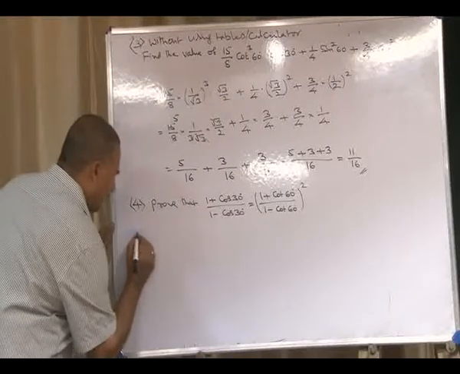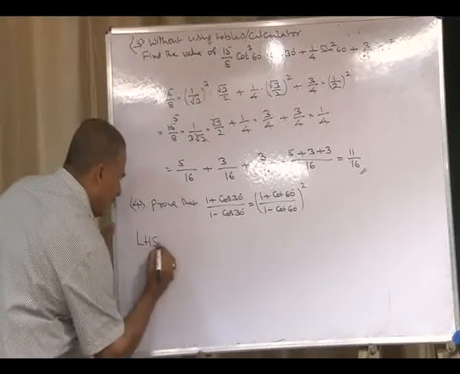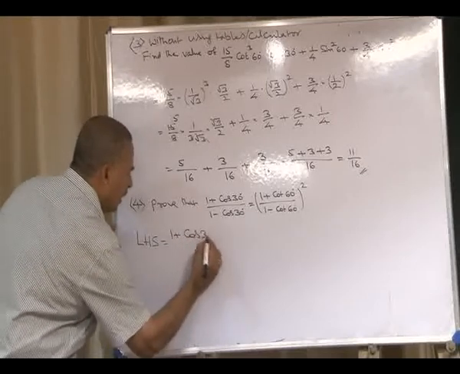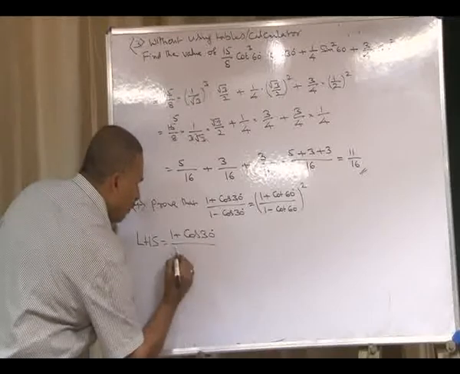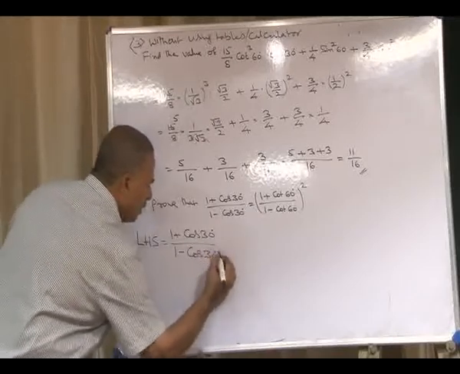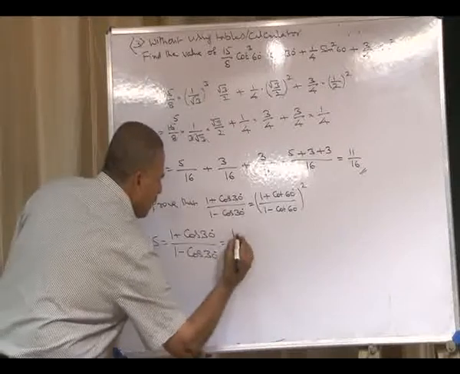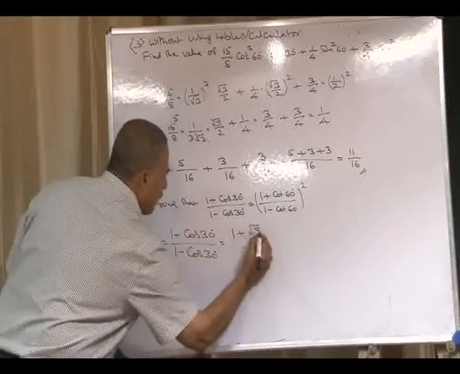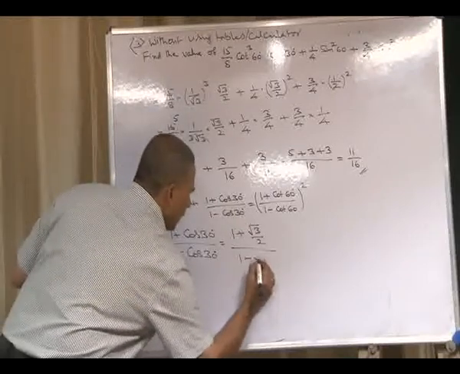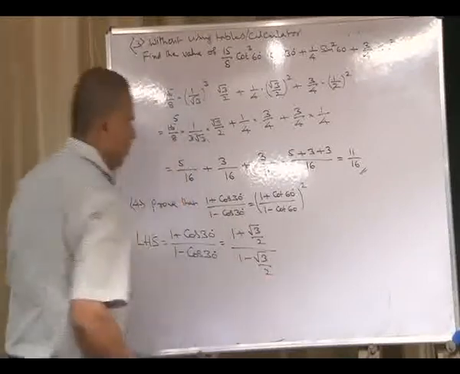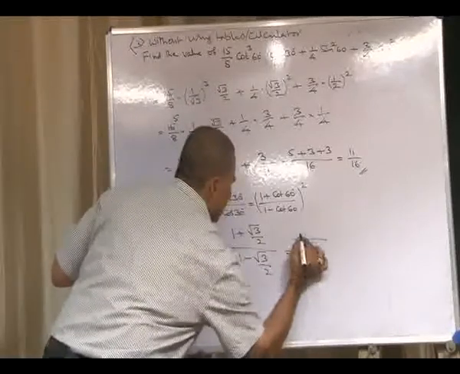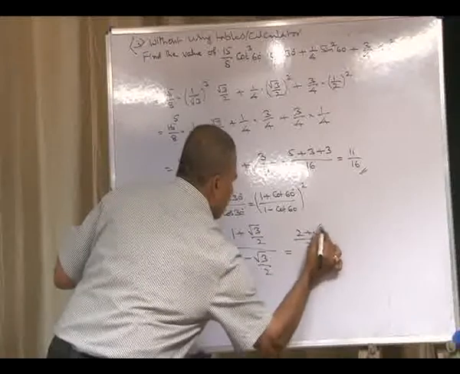Here in the left hand side, LHS equal to 1 plus cos 30 degree by 1 minus cos 30 degree. 1 plus cos 30 is root 3 by 2 by 1 minus cos 30 is root 3 by 2. 2 is LCM in the numerator, that is 2 plus root 3.